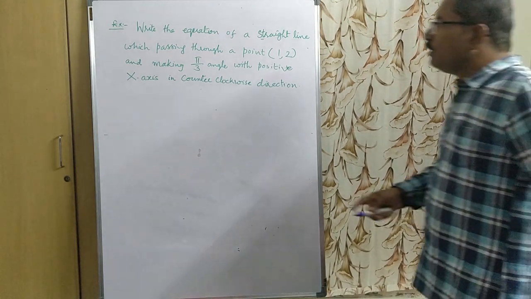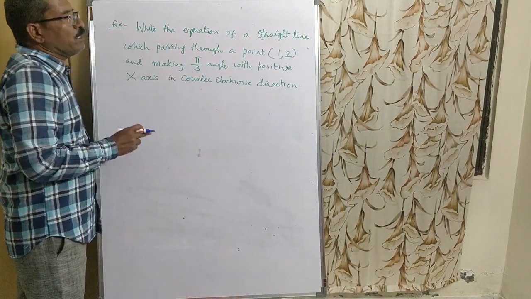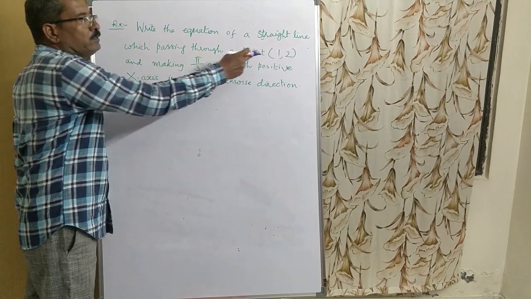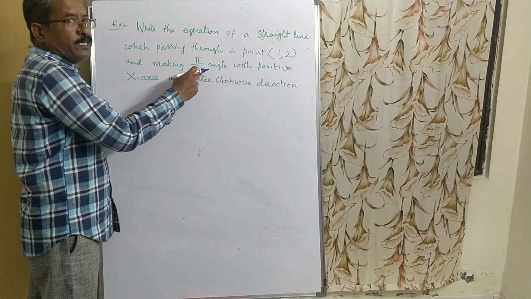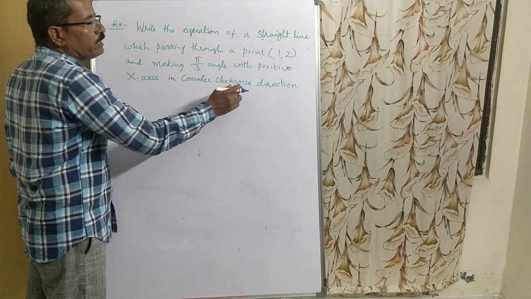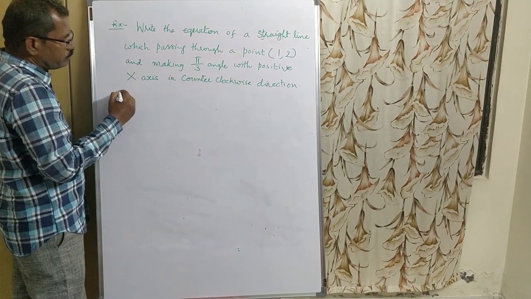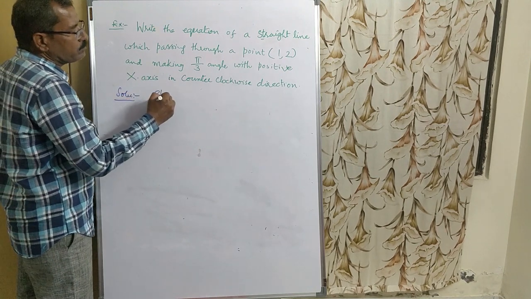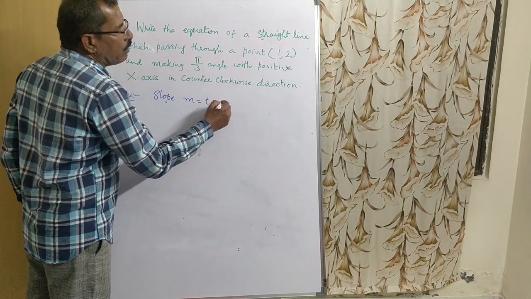See this example. Write the equation of a straight line which passes through a point 1 comma 2 and makes an angle pi by 3 with the positive x-axis in counterclockwise direction. Right? Here the slope m is equal to tan theta. Okay. What is tan theta here?